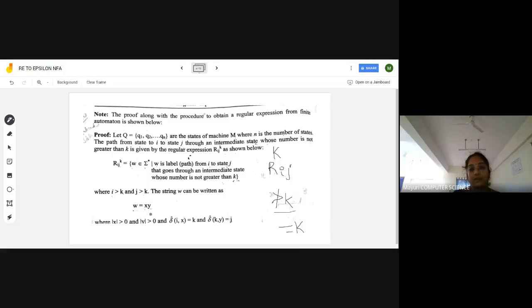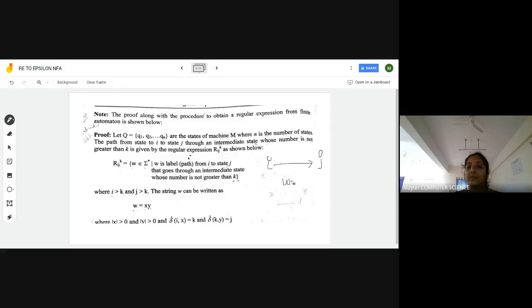Okay, so now I have given a string over here that is called W equal to XY. I told you I travel from I to J. What is my path here? W, right? So what is my path? W.